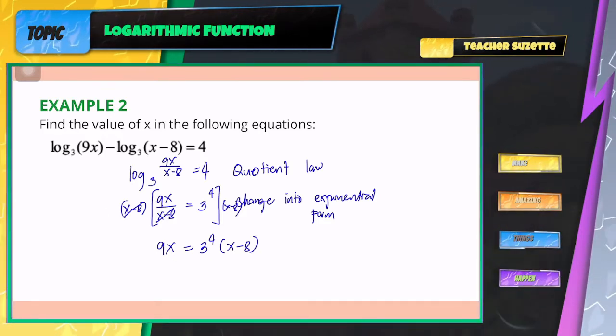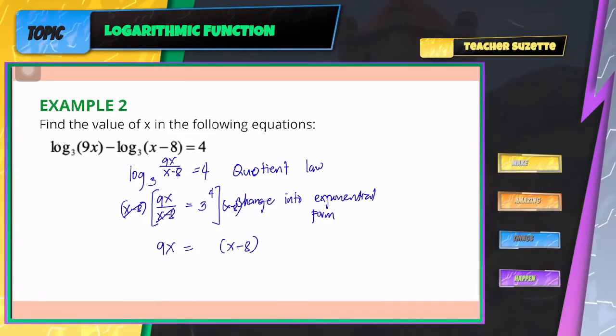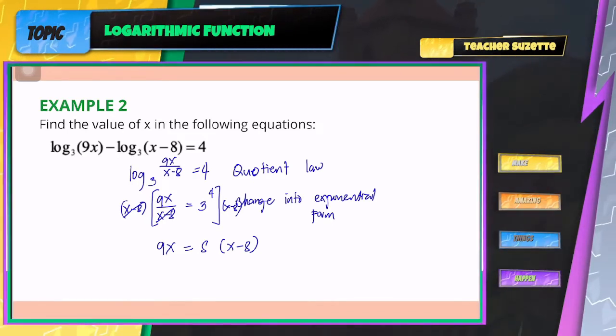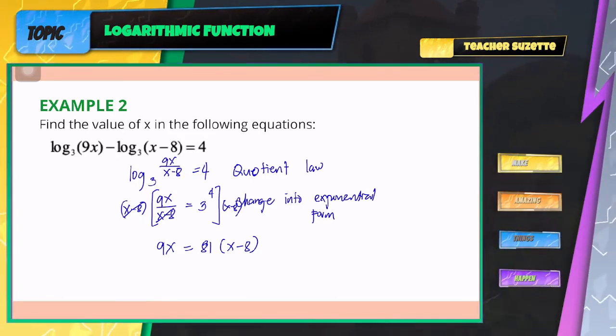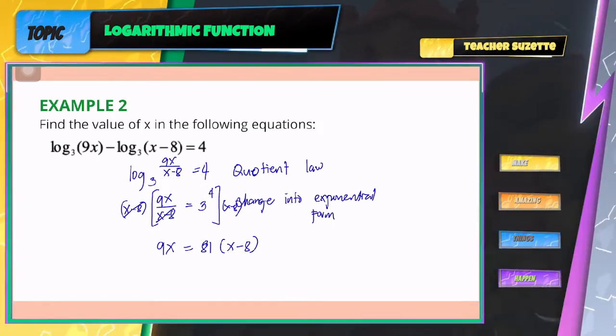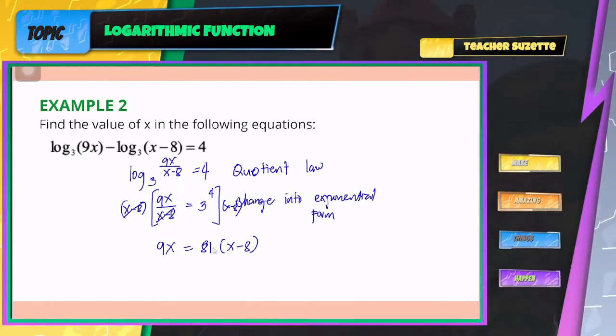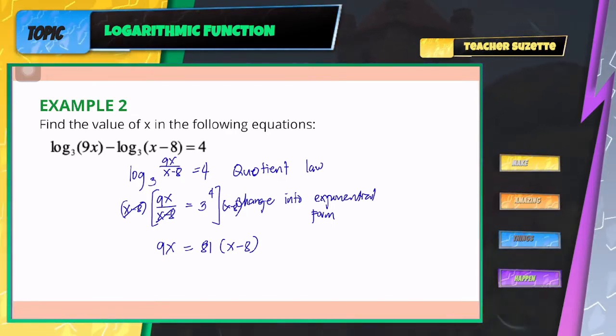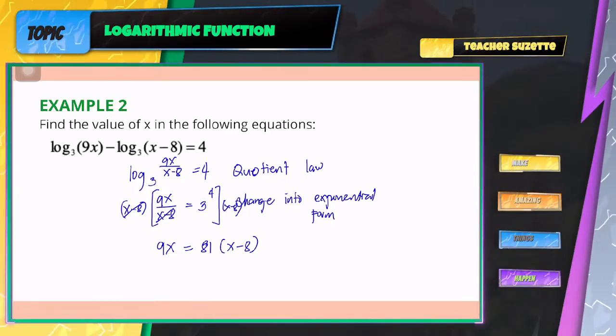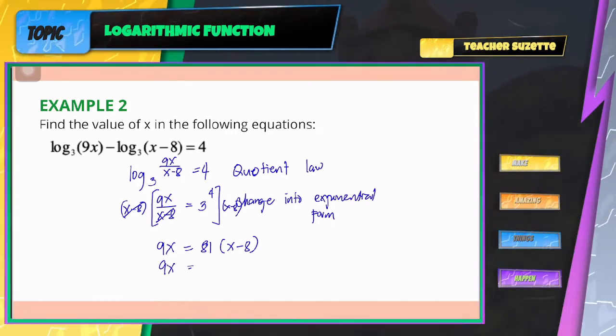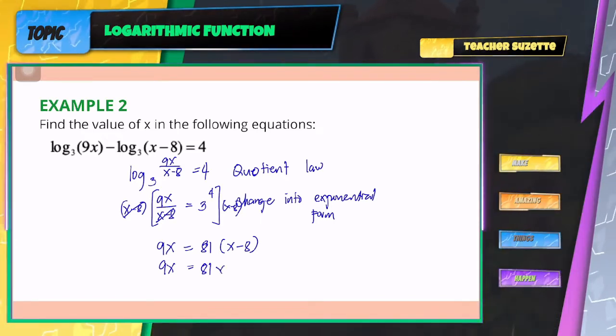And 3 raised to 4 is 3 times 3 times 3 times 3, which is, sulat na lang natin, as 81. Okay, now simplify na natin. Distribute natin itong ating 81 sa ating x minus 8 by distributive property. So, we will have 9x equal to 81x minus 648.